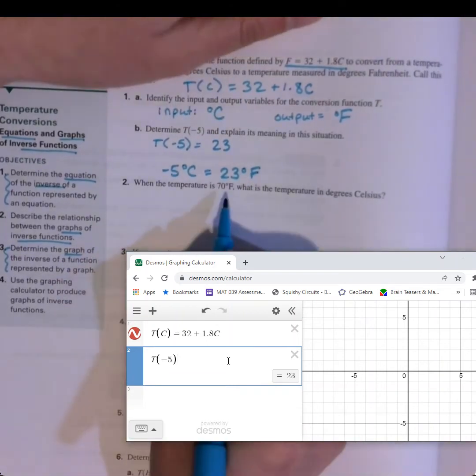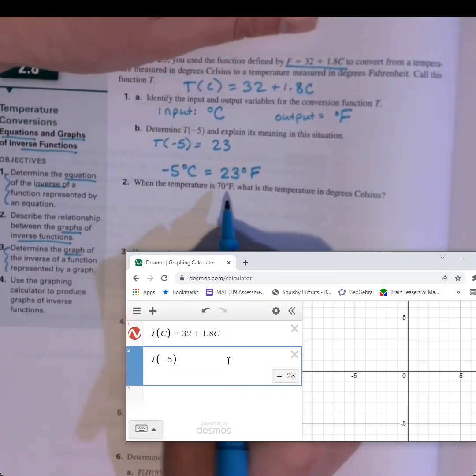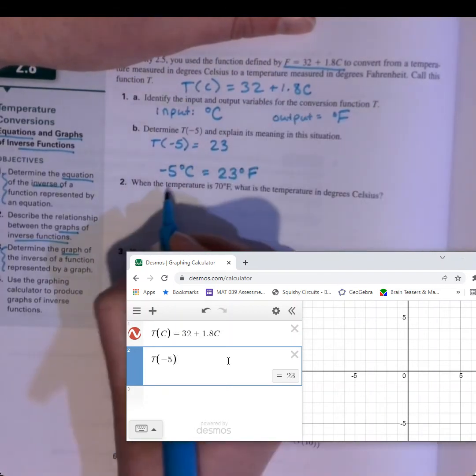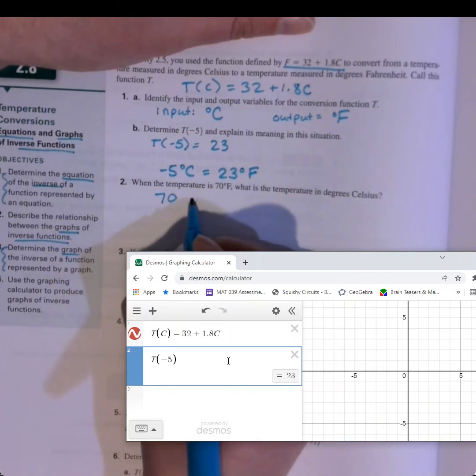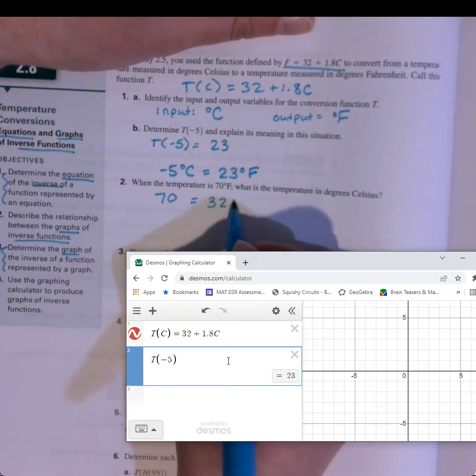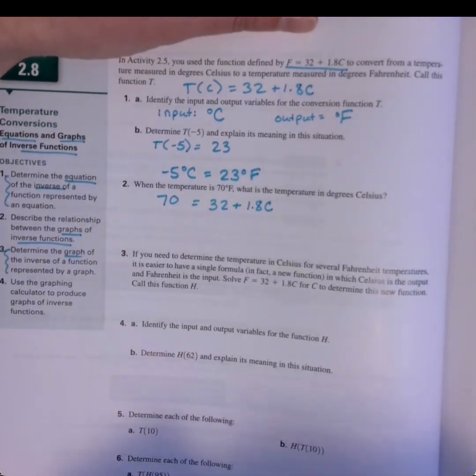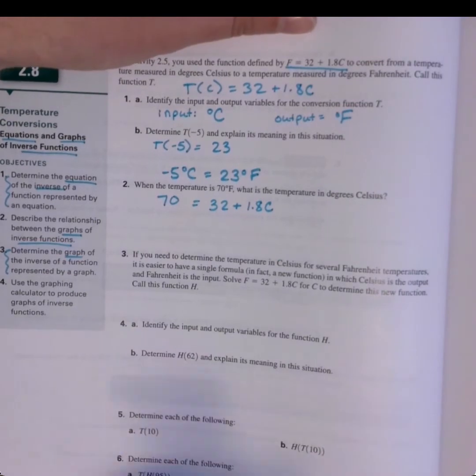When the temperature is 70 degrees Fahrenheit, what is the temperature in degrees Celsius? So 70 is an output value here. So I'll plug 70 in for F, equals the 32 plus 1.8 C. Move my decimals out of the way. And I'm going to need to subtract 32 from both sides.